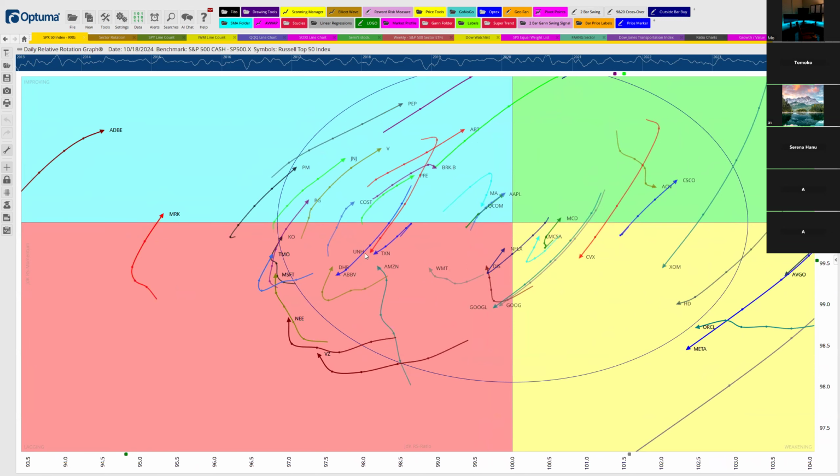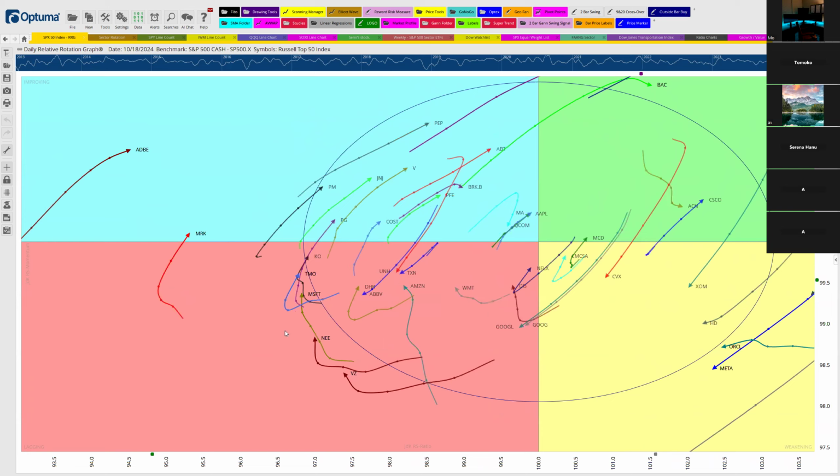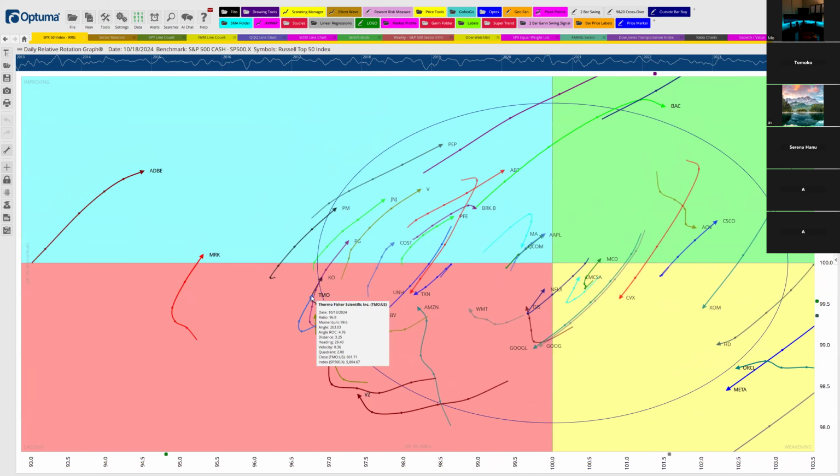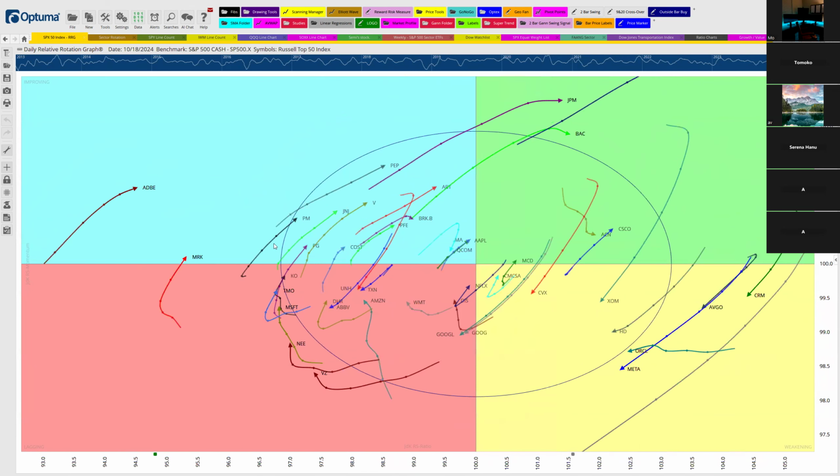The ones that are curving out are Amazon, Microsoft, Thermo Fisher, Coke, PG, Merck, Adobe. Adobe, I don't know, the whole move just faded. It opened the stock at 490, went up to 517, and closed at 494, about 3 points from where it opened.